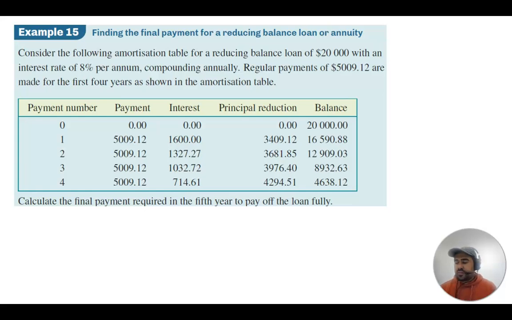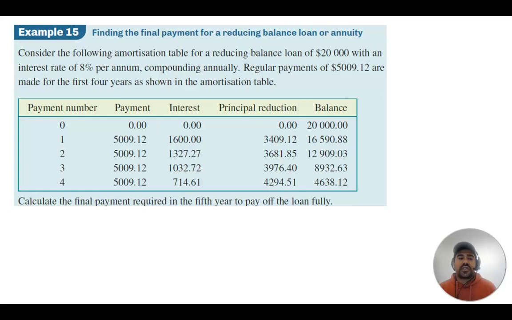Now the reason why this payment looks quite bizarre and not just rounded down to 5,000 is this question has been designed so that on the fifth payment, specifically the fifth payment, the balance is going to reduce down to zero. So the way this has been worked out through brute force is they've figured out the best amount for this repayment so the balance goes to zero on the fifth payment.